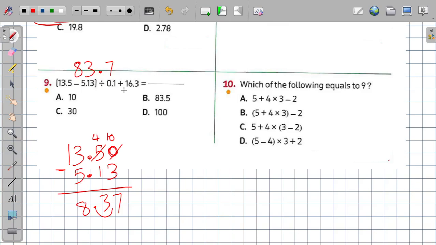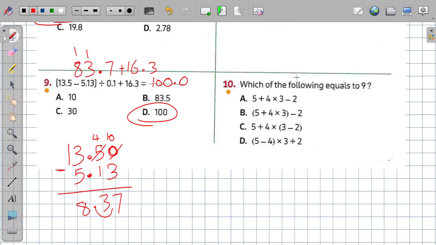And after that, I will add 16.3. So I have 7 plus 3 equals 10. So I will put 0 and carry 1. 1 plus 3 plus 6 equals 10. So I will put 0 and carry 1. 1 plus 8 plus 1 equals 10. So it will be 100. After all of this, the result will be 100.